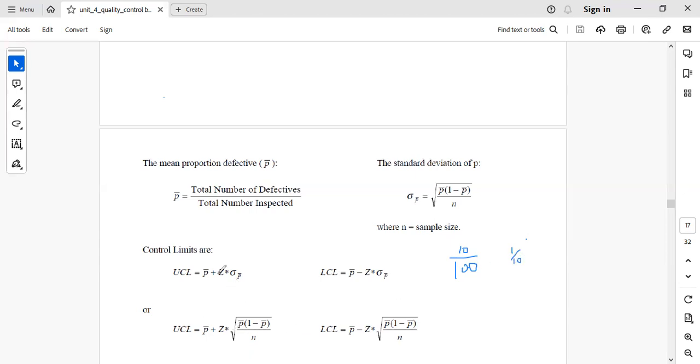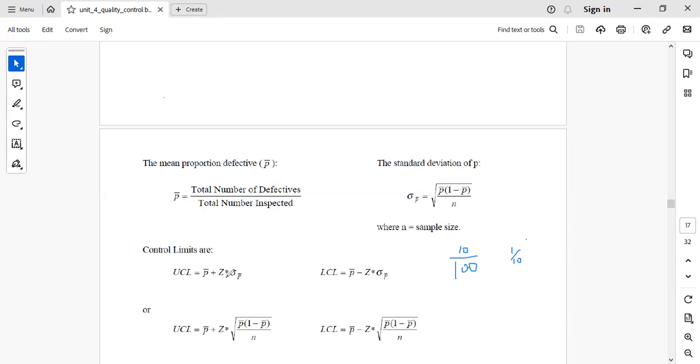Then Z, you're going to see how you calculate that, or how you determine that Z. But in most cases, because we are considering this to be a normal distribution, the values that you get, the number of defectives out of the total, we are considering this to be a normal distribution.